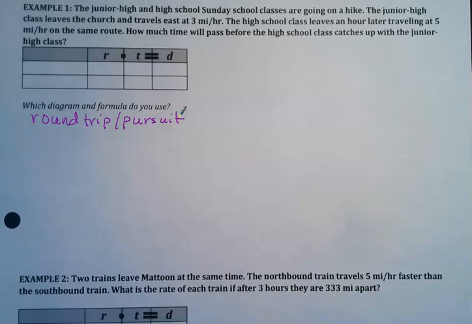D1 equals D2. Okay, but what did we say the equation was for our problem? Instead of just distance 1 equals distance 2, the junior high equals the high school. That was what we were going to do.